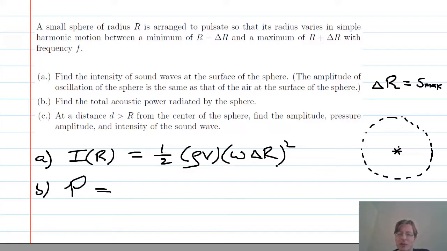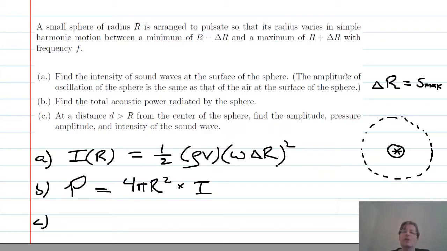In this case, it's the sphere right at the surface, the vibrating sphere itself. So I'd take 4 pi r squared, multiply it by the intensity, and there you go. That would tell you how many watts are coming off this pulsating sphere. Notice it's just the inverse square law done backwards, finding the power given the intensity.